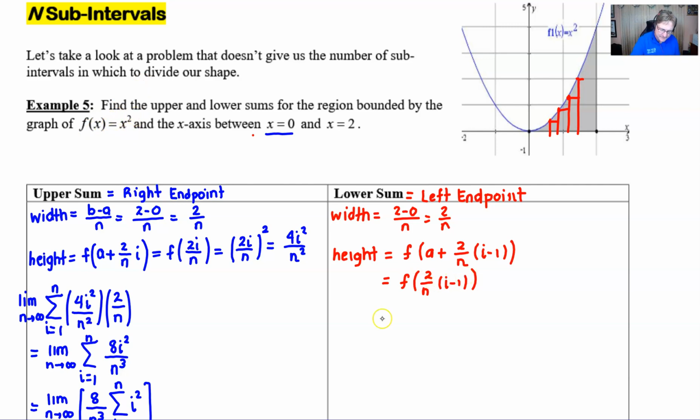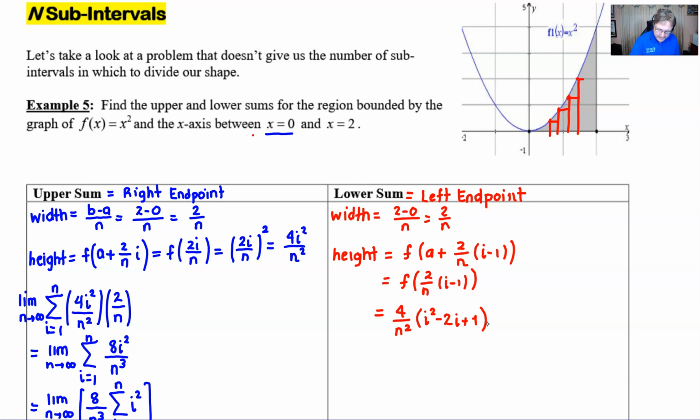Yeah, I know, not fun. If you square 2 over n, you get 4 over n squared. But if you square I minus 1, you have to expand out the binomial I minus 1 times I minus 1. And the FOIL, if you want to call it that, is I squared minus 2I plus 1. Wow, it's pretty intense.